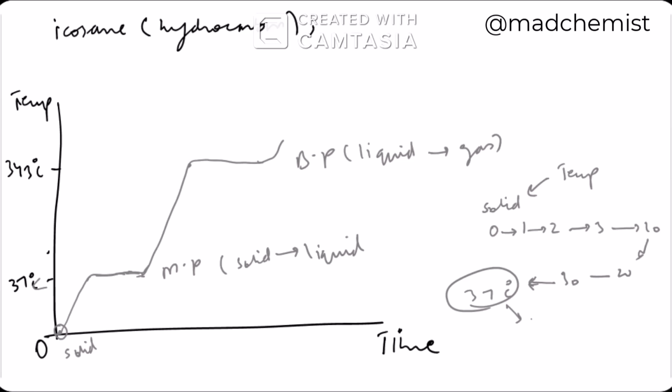Before this temperature, there is no liquid form present, only solid form. Just like in the case of water, from minus 50 to 0 Celsius, water is present in solid form. But when it hits 0 Celsius, it starts converting into liquid form. So this horizontal bar shows that during all this time the substance is converting slowly into a liquid form.